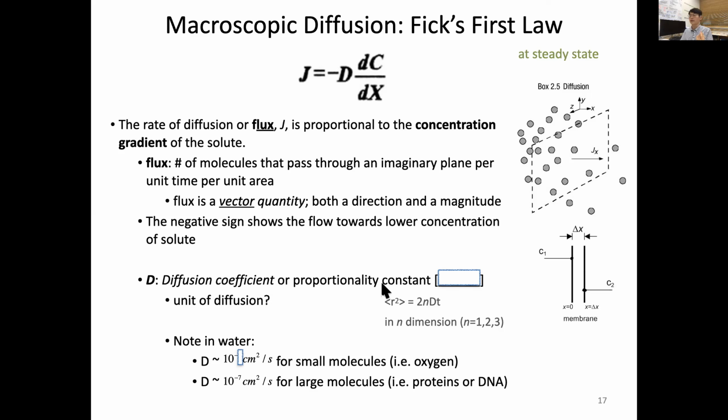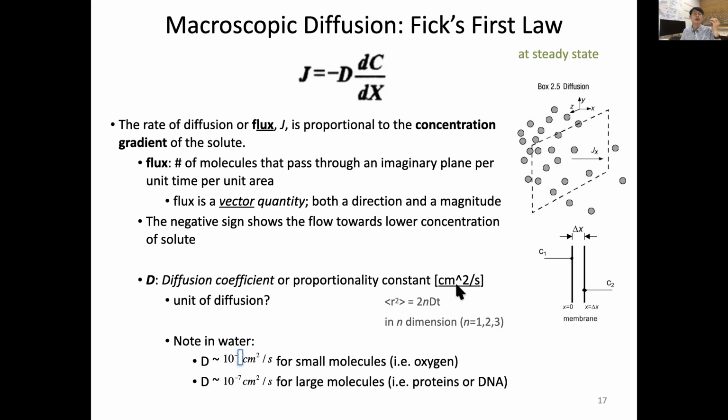In this phenomenon, we defined the diffusion coefficient already, and D is a proportionality constant. From previously, we remember the unit of diffusion is length squared over time, typically centimeter squared per second.